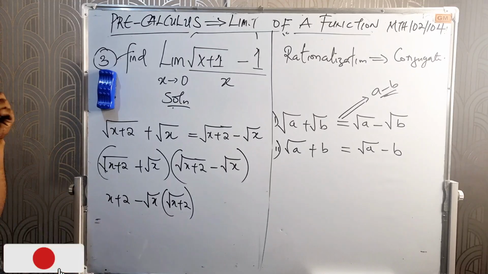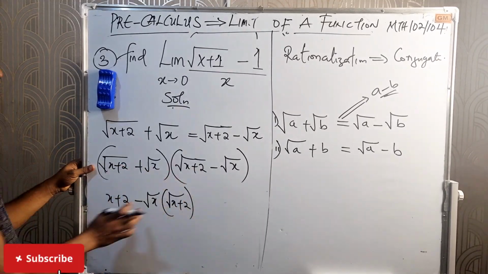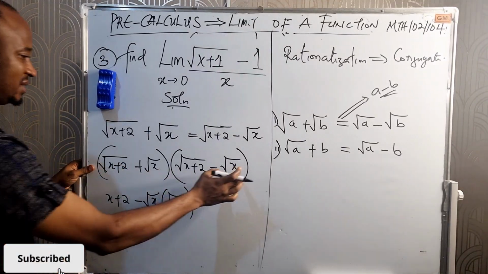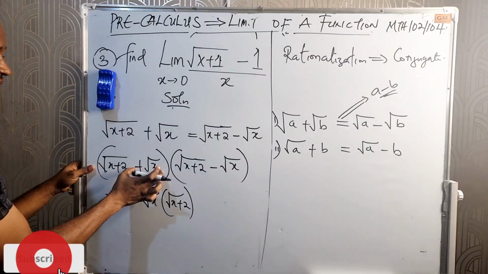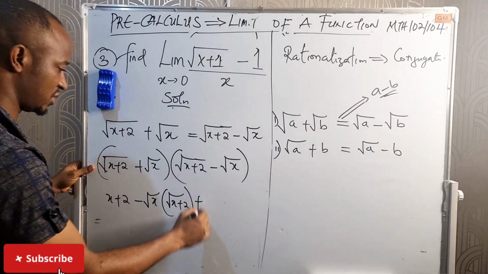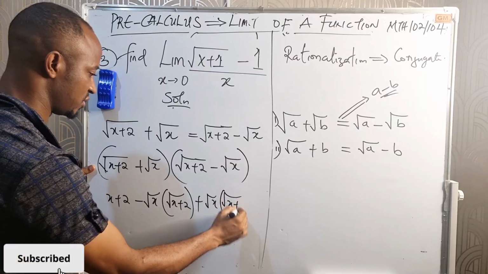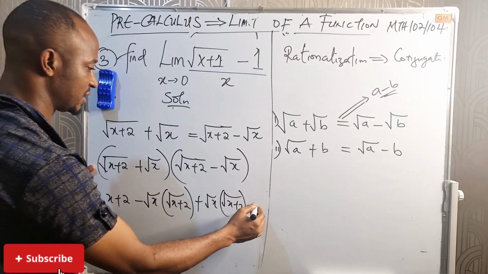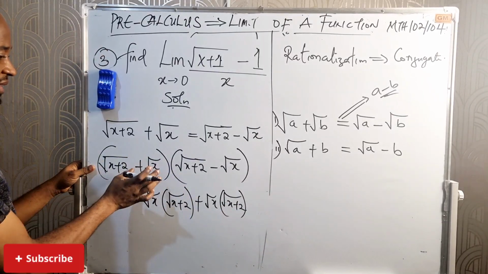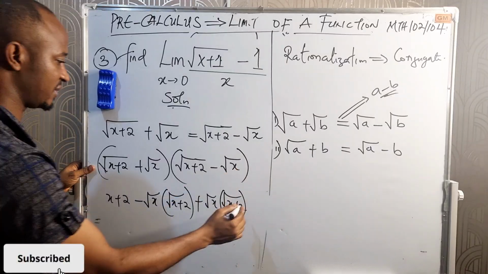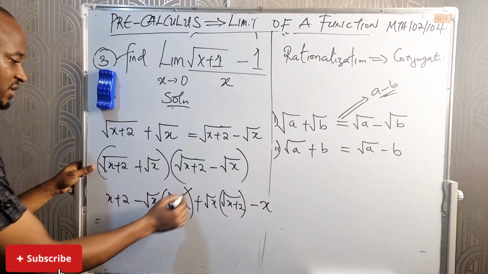Am I communicating? Multiply this with this, we got this. Multiply this with this, that will give us plus root x times root x plus 2. Then multiply this with this itself, we're going to have minus x. So these two will cancel out.